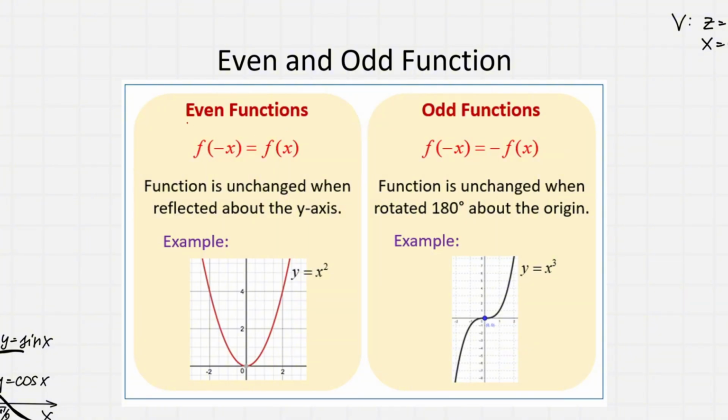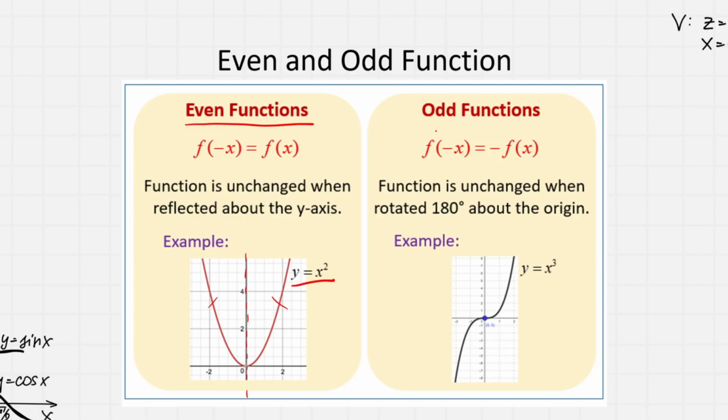When we say even function, the graph of this function, given that we have y equals x squared, if you cut it into 2, you can see that the graph is symmetrical. It mirrors the other side. So this left side is similar to this right side.